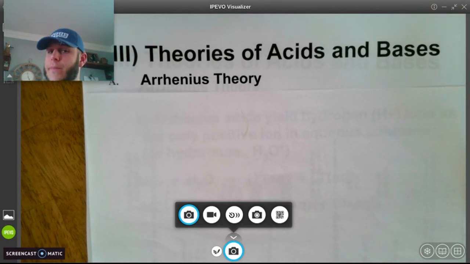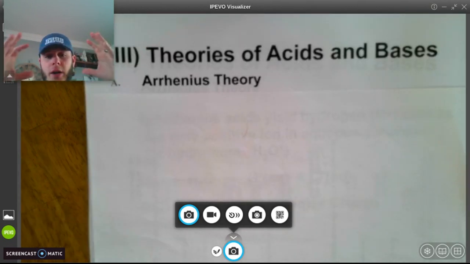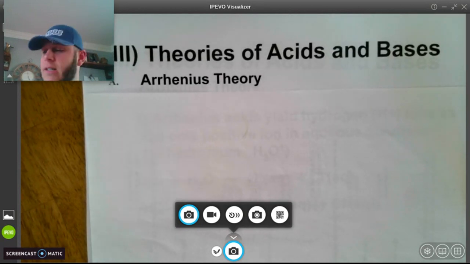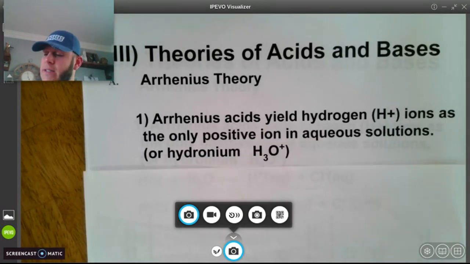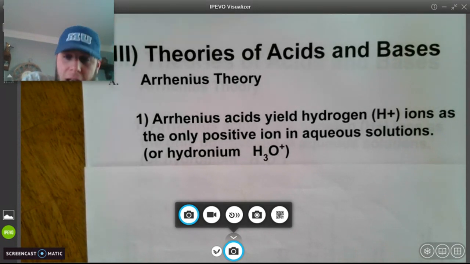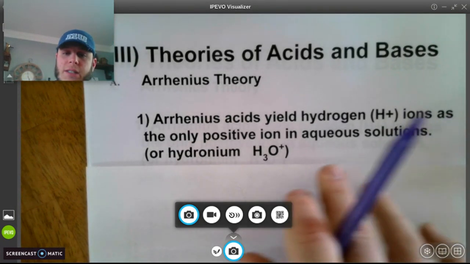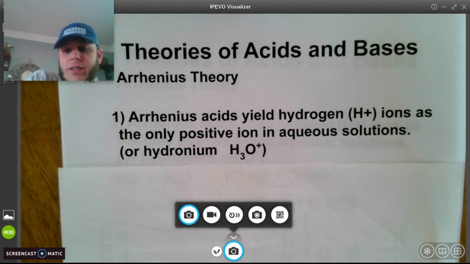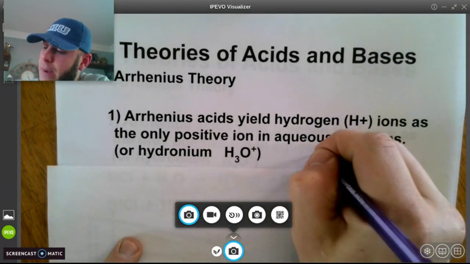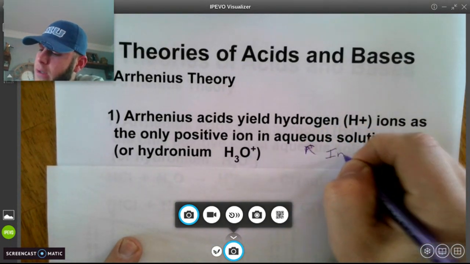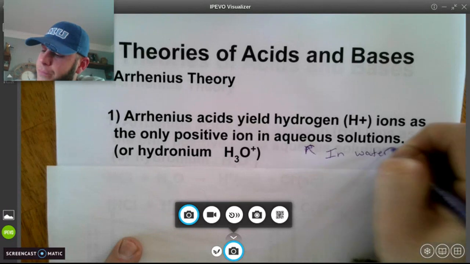It is the most broad definition there is for acids, and this is how it reads: an Arrhenius acid is something that yields hydrogen ions, H+, as the only positive ion in an aqueous solution. A couple of things to remember: aqueous solution means in water.